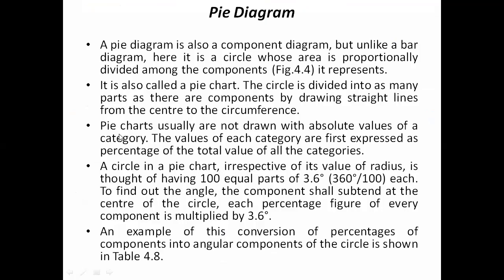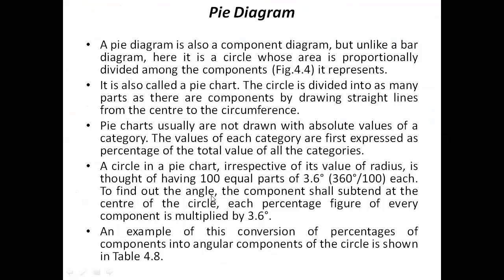Pie charts usually are not drawn with the absolute values of a category. The value of each category is first expressed as a percentage of the total value of all categories, right? So a circle in the pie chart, irrespective of the value of its radius, is thought of as having 100 equal parts of 3.6 degrees each, that is 360 divided by 100.